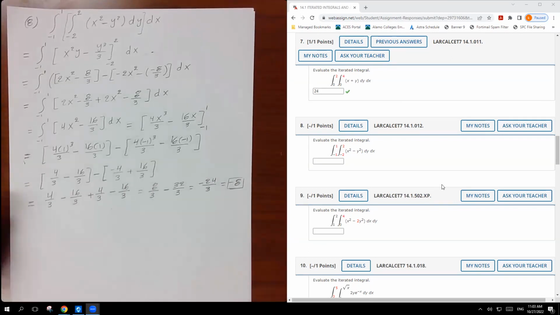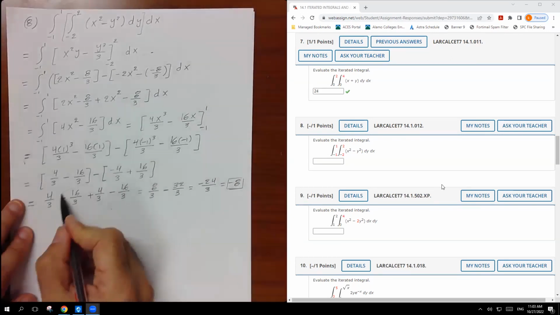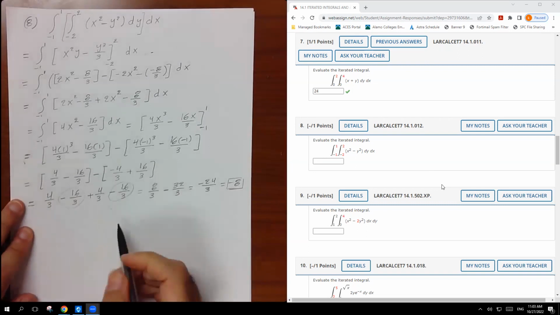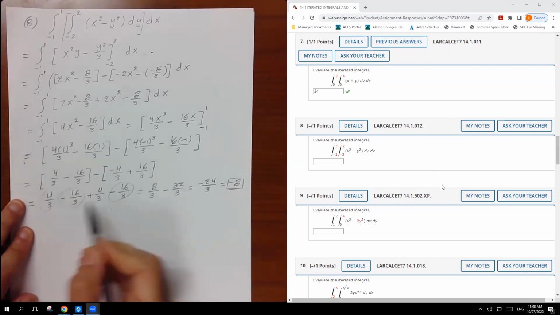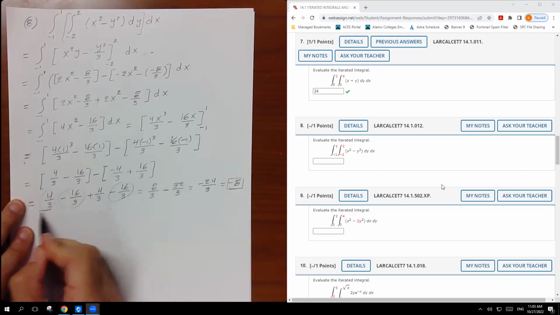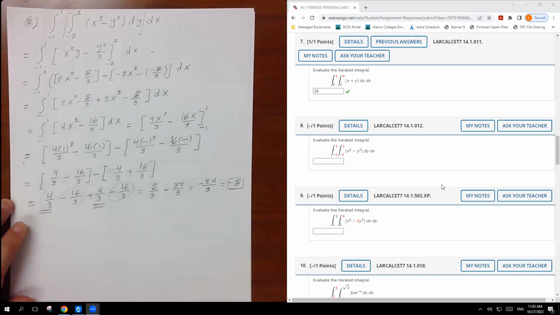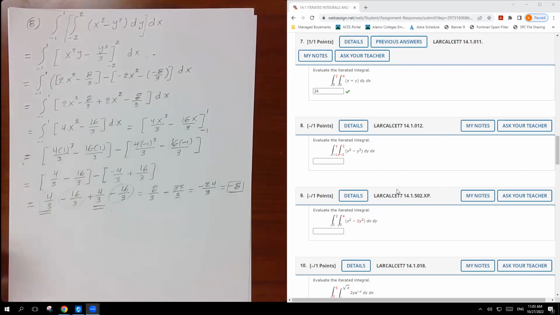So we're just going to plug in. I combine the negative sign with the negative sign, and the positive with the positive. So we're just going to say negative 8. That's it for example 8.